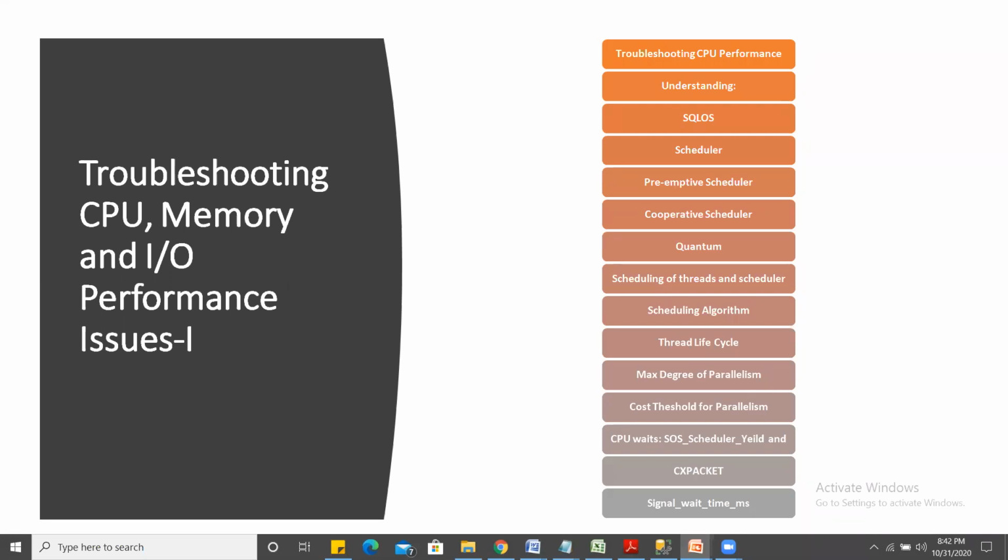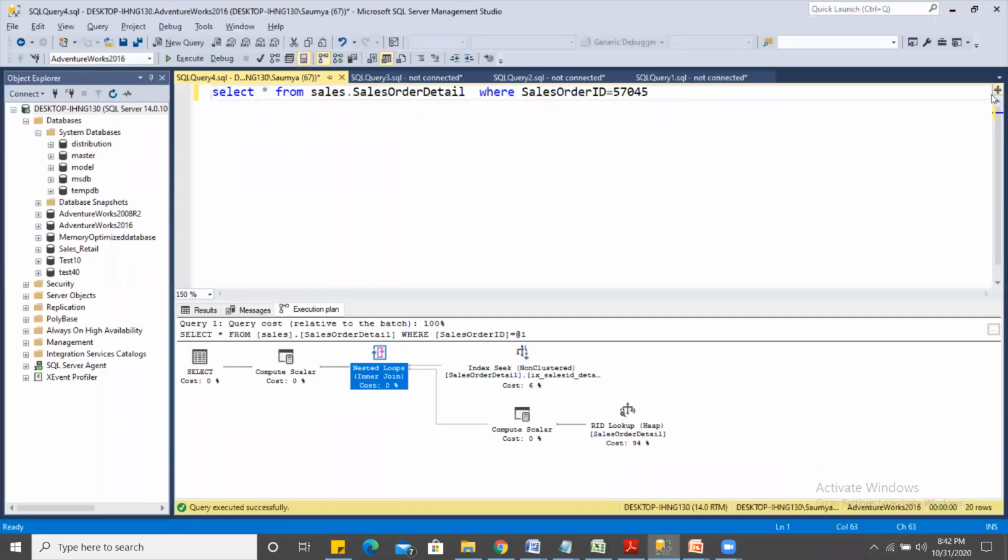So how many schedulers do you have in SQL Server? The answer is simple: how many processors do you have in your SQL Server? I already showed you that I have 4 processors. If you want to see how many schedulers you have, go to sys.dm_os_schedulers.